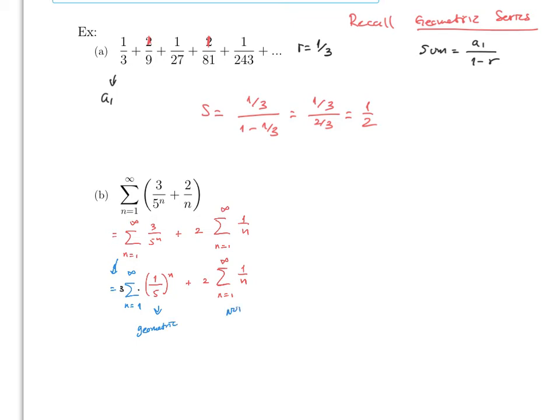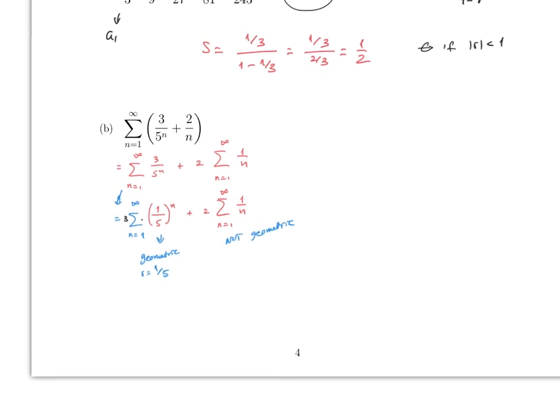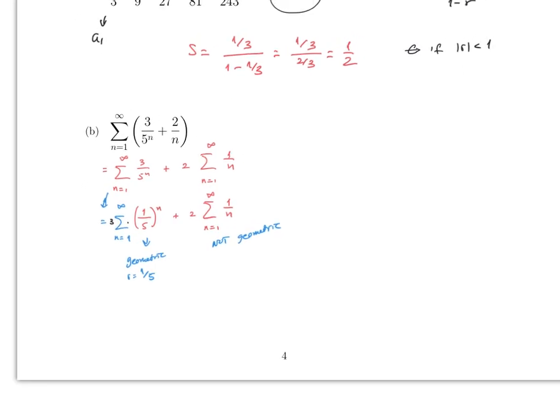This one is not geometric, and here the value for r is 1/5. Remember that this will be convergent if the absolute value of r is less than 1, which is the case here. Here r is 1/5, so therefore this part is convergent.